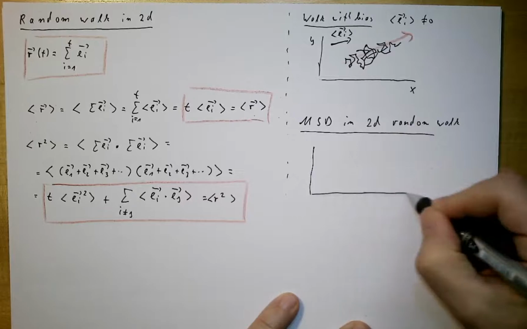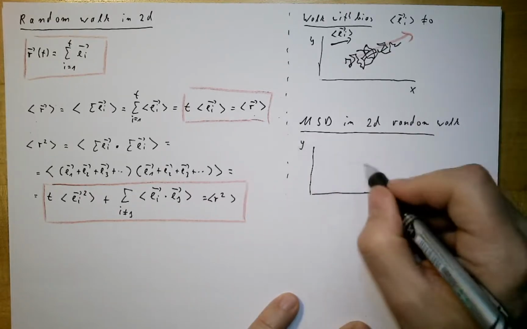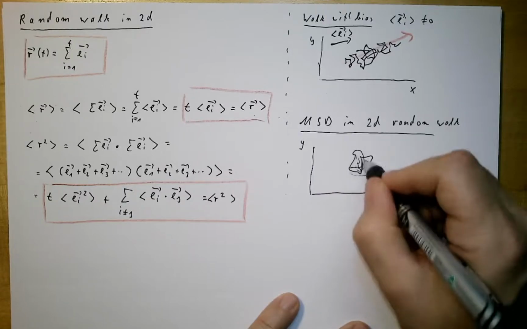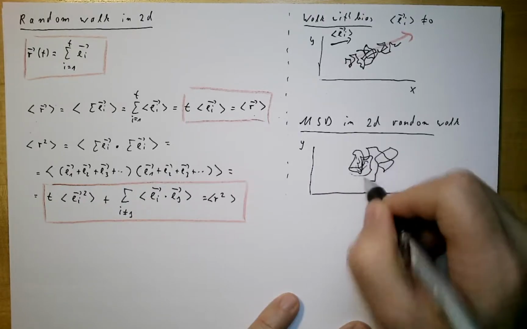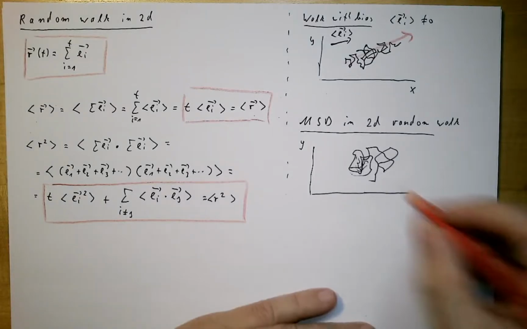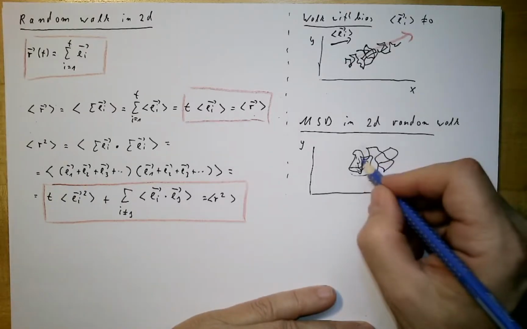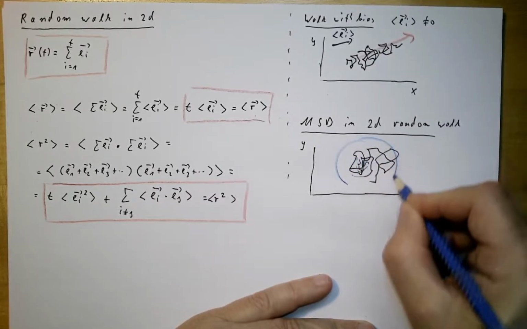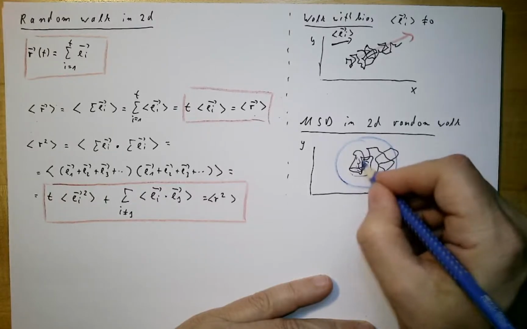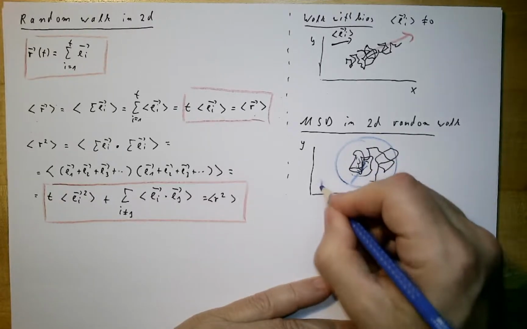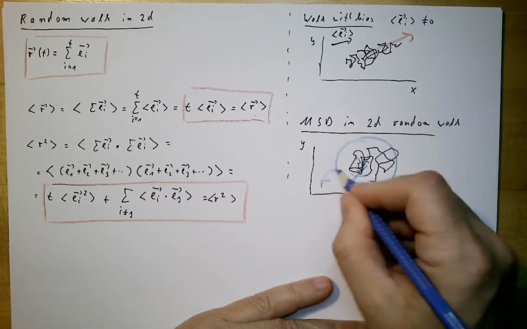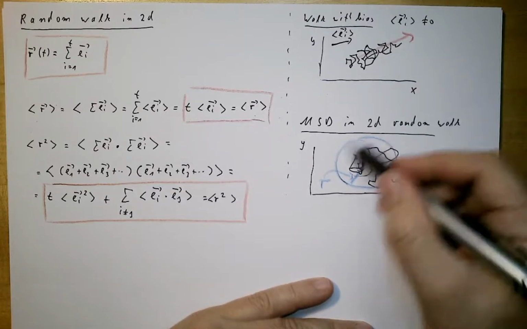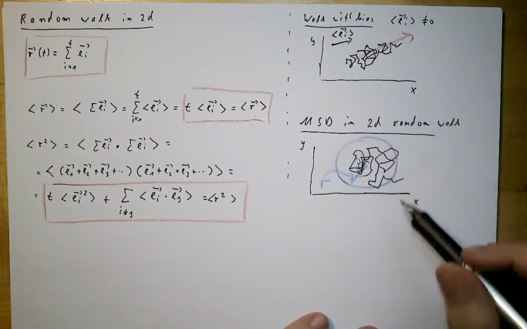So we have again our two-dimensional plane. We start somewhere. Now we don't have bias. The walker goes around here, zigzags, whatever. And then we want to know, after a certain time, what is the typical distance r that the walker has done as a function of time.